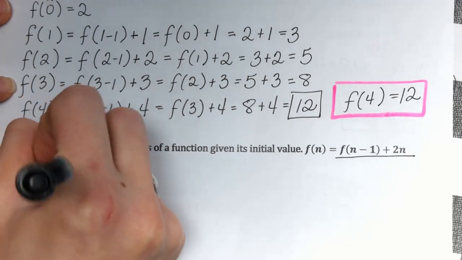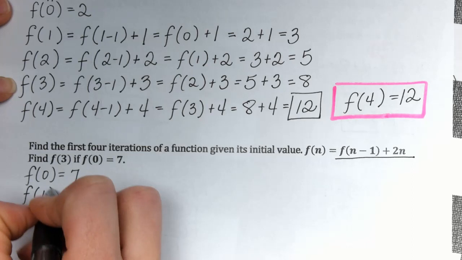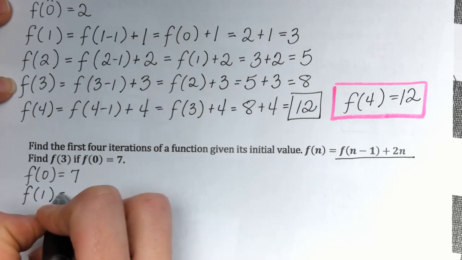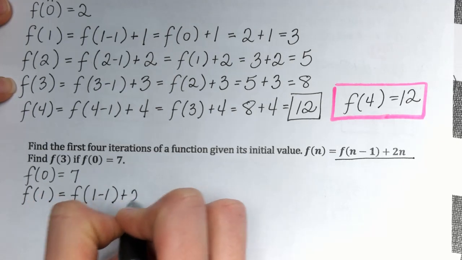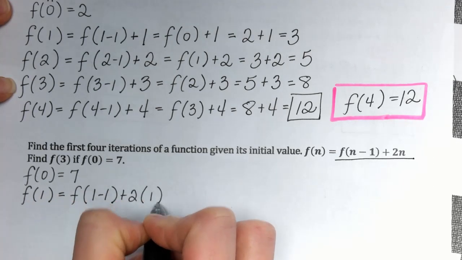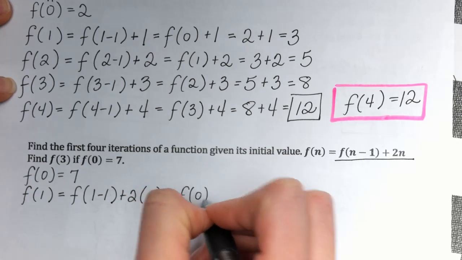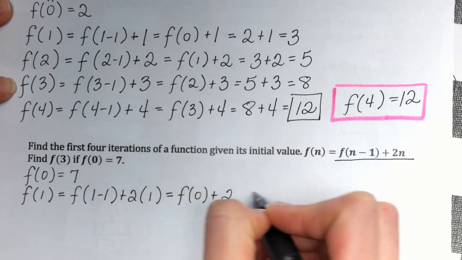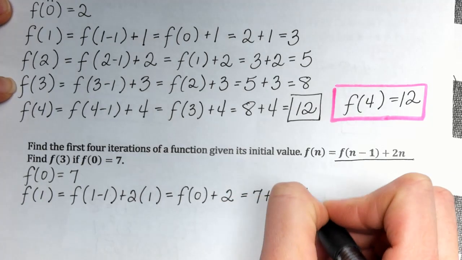So f of 0 is equal to 7. F of 1 is f of 1 minus 1 plus 2 times 1. So f of 0 plus 2. 7 plus 2 is 9.